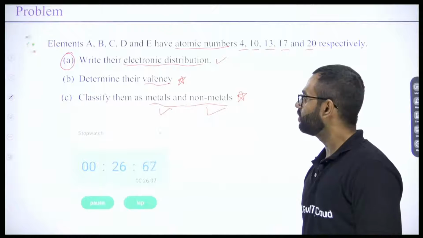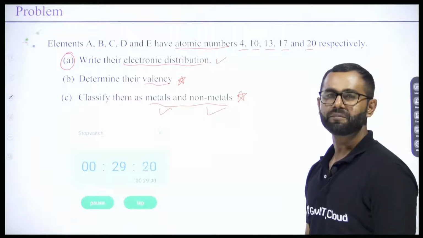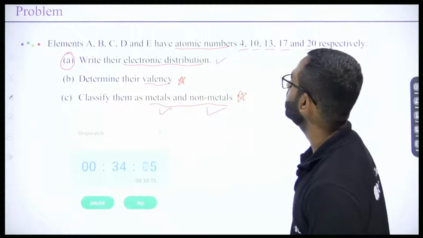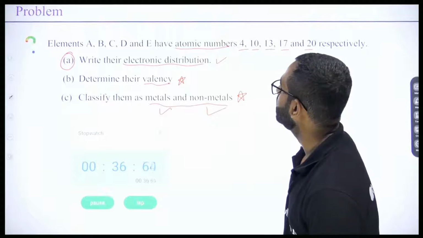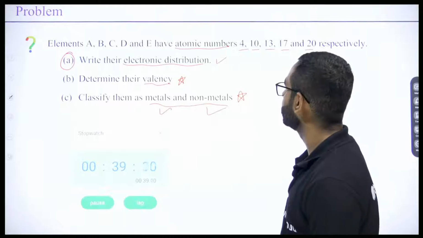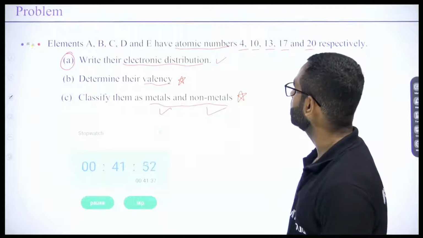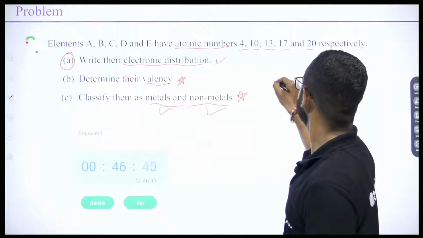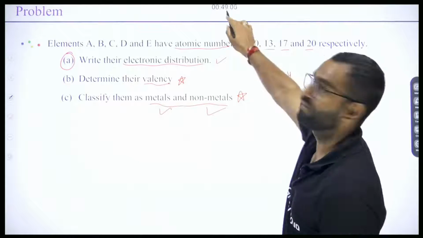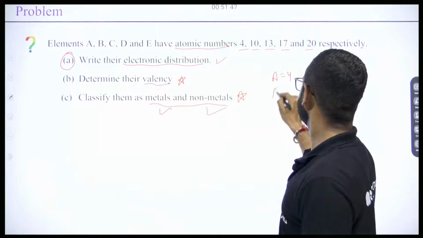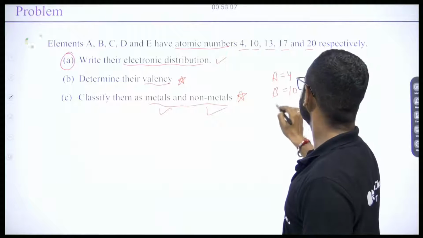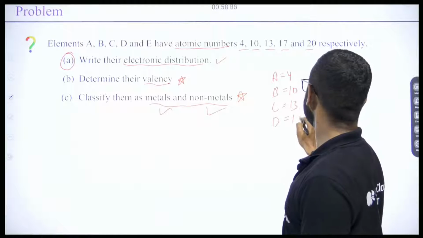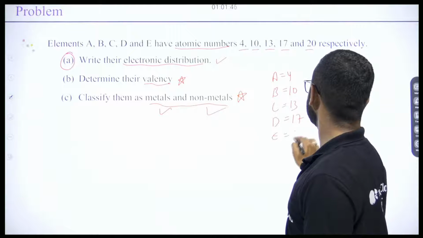Now when it comes to electronic configuration, I think it's easy. It's not that difficult. We have A, B, C, D and E, and we have to write the configurations. A has 4 electrons, B has 10, C has 13, D has 17, and E has 20, right?